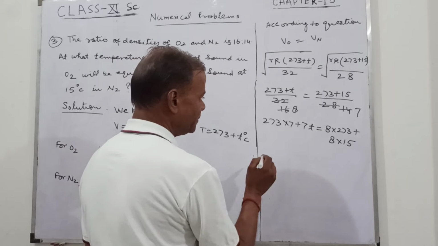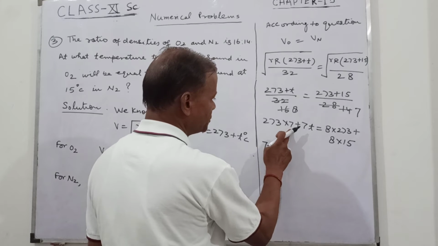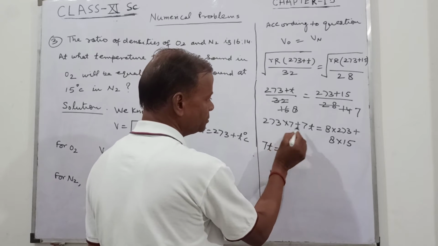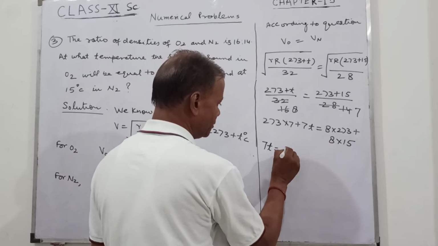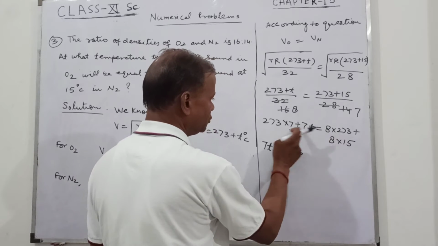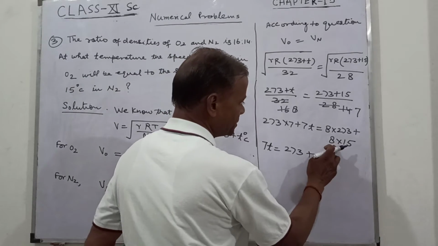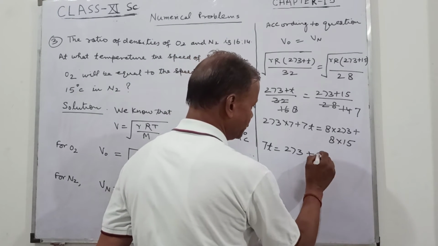Simplify: 7T equal to 273 plus 8 into 15, which is 120.